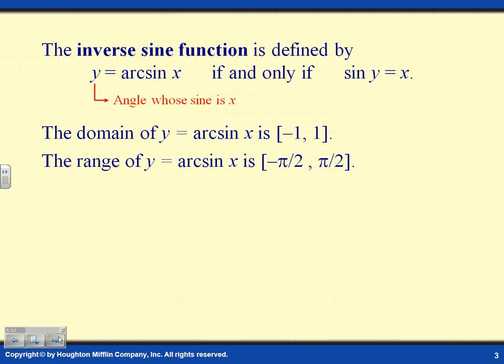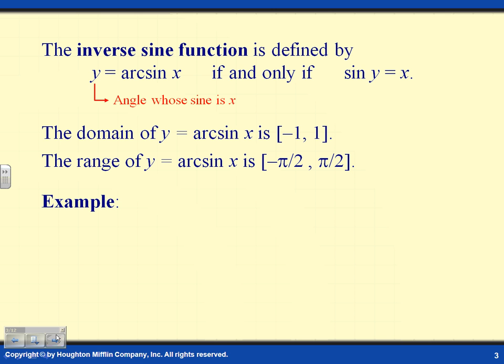So if we're talking about the domain of y equal to the arcsine of x, that was the range, so it now becomes our domain from negative 1 to 1. And our range was our domain, and it's negative pi over 2 to pi over 2. Do we understand that, yes or no? Because they flip-flop.